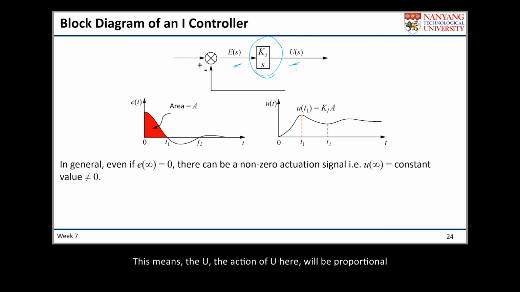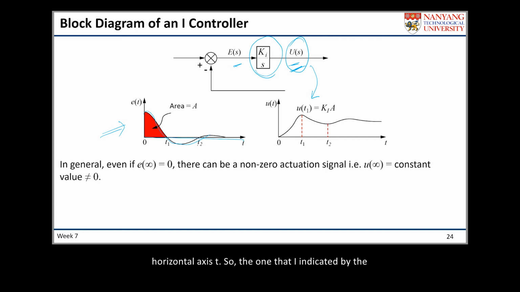This means the action of U will be proportional to the integral of E. So if this is a plot of your error in time, your U will be proportional to the enclosed area of E, the area formed by enclosing the E graph with the horizontal axis t.